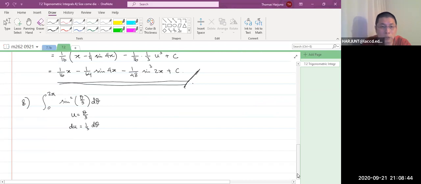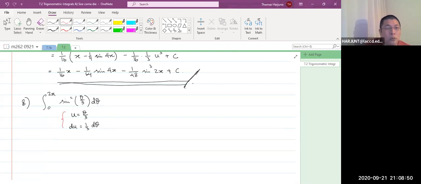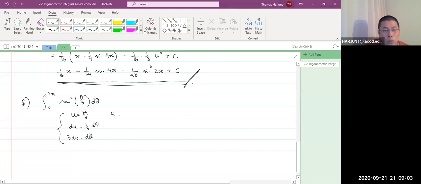Something earlier. So 3 du equals d theta. And actually u at 0 will be 0, u at 2 pi will be 2 pi over 3.